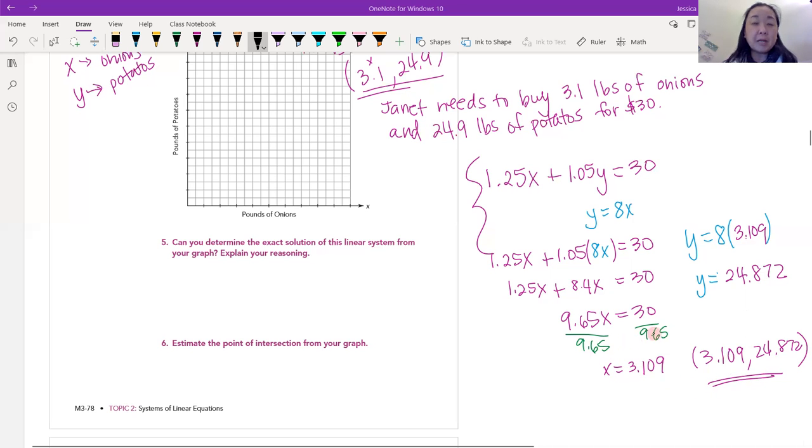All right, and so algebraically, we saw it visually with the graph, right? It's that intersection where those lines cross or meet. That's where the solution is. We did it algebraically. We used the substitution method. We'll learn another method next week, in case we don't want to do substitution. Can you always use substitution? Yes, you can always use substitution. I will say most people will probably use elimination.